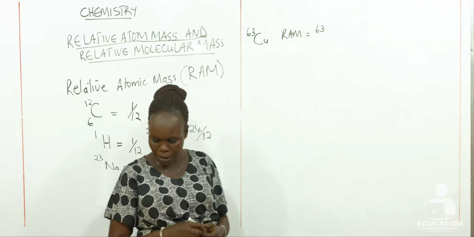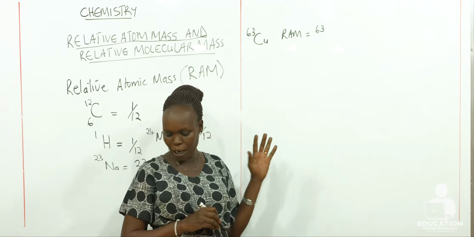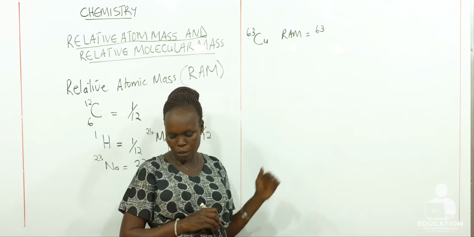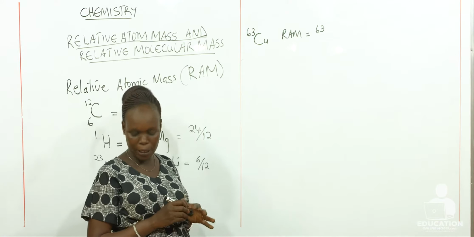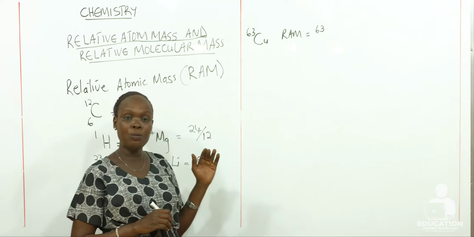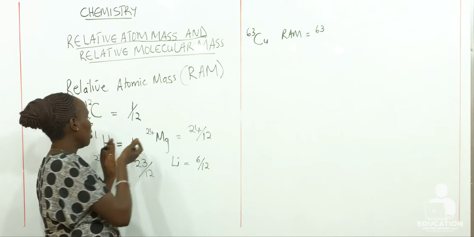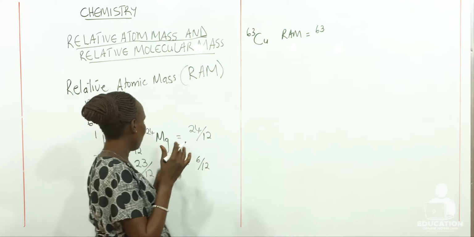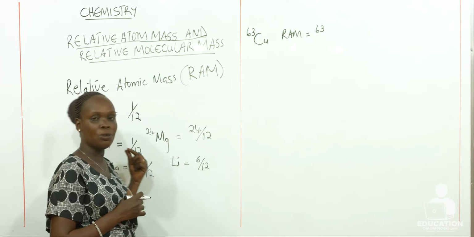So elements have the same number of particles in one molecule but different relative atomic mass. So the same elements usually have the same number of particles but different atomic masses. So here we say that copper and magnesium plus sodium are heavier atoms compared to carbon.